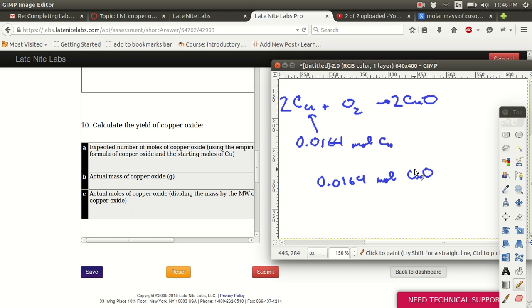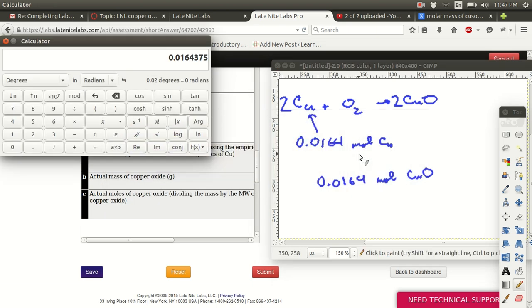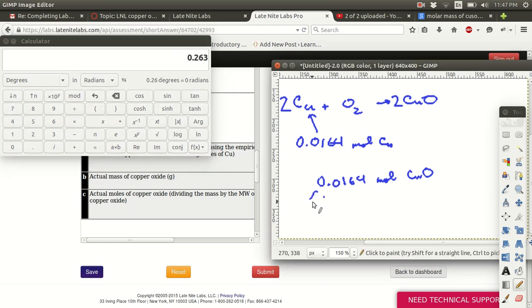But what actual mass of copper oxide did we get? Remember, I already forgot. It was 1.309 minus the mass 1.046, was it? Something like that. Yes. So it was 0.263 grams. So we actually got 0.263 grams. But what is that in moles?